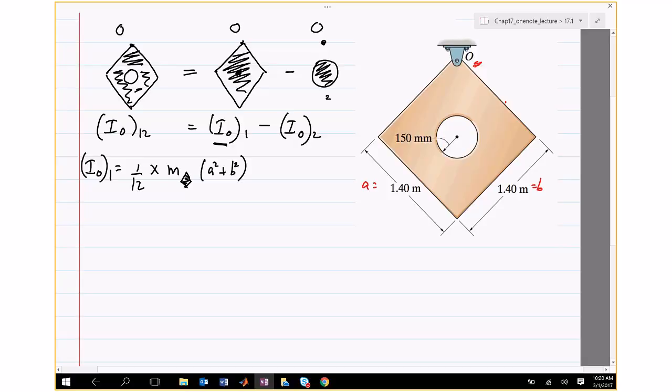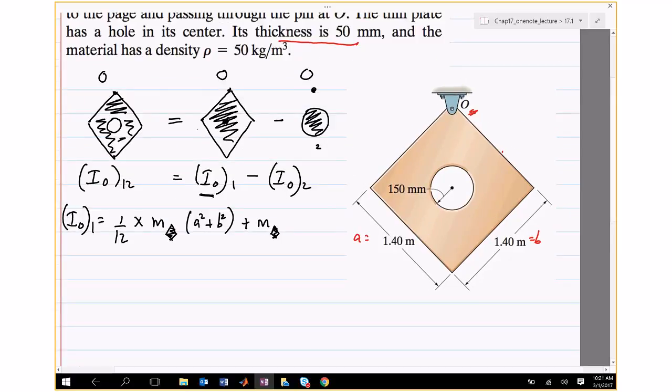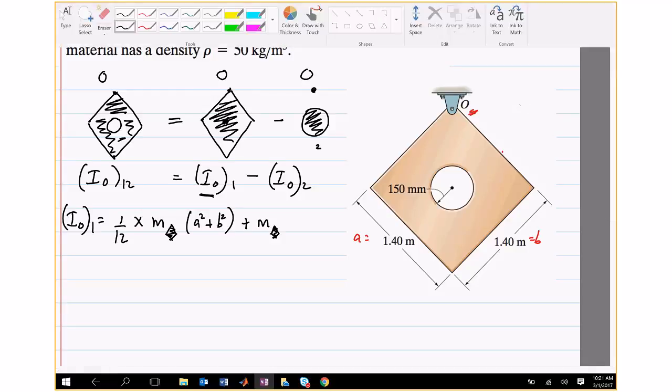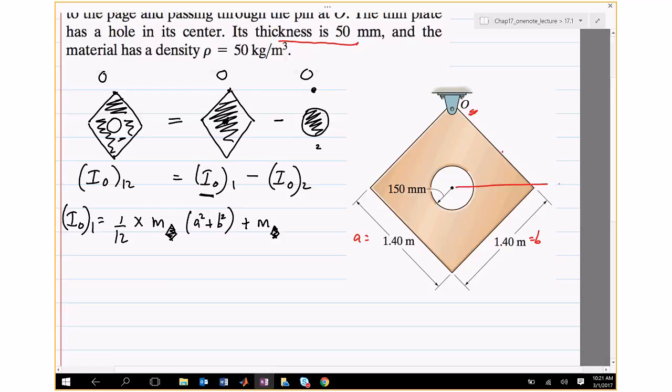So since G and O are parallel, I can invoke the parallel axis theorem, which says that the inertia about O is inertia about G plus mass of the plate times the distance between G and O. So this distance.